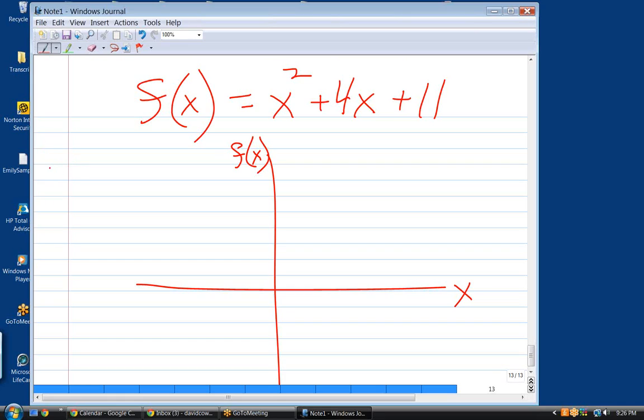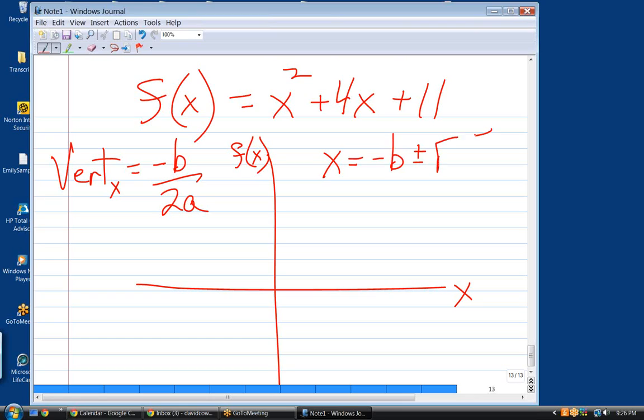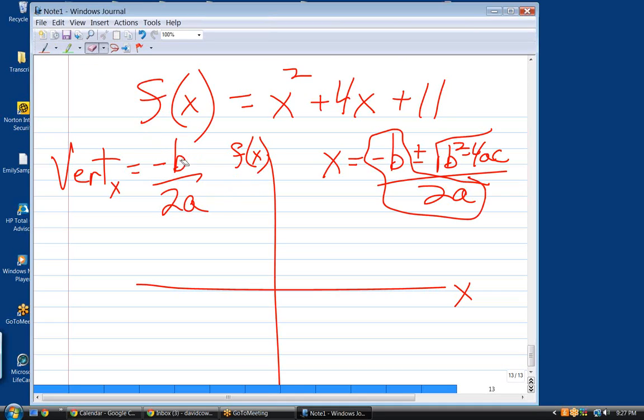It's the first part of the quadratic formula. It's that part right there. If you have the quadratic formula memorized, it's easy to memorize this.